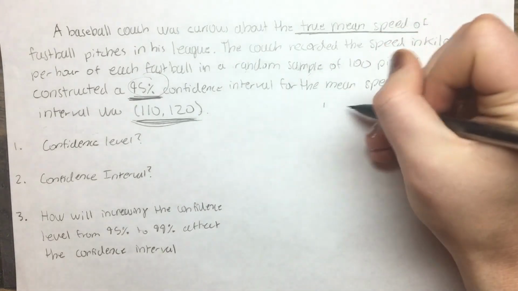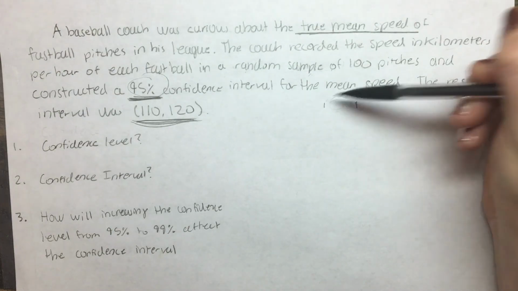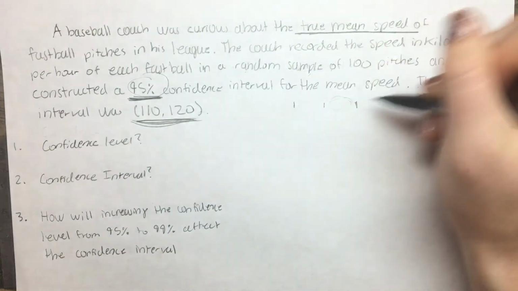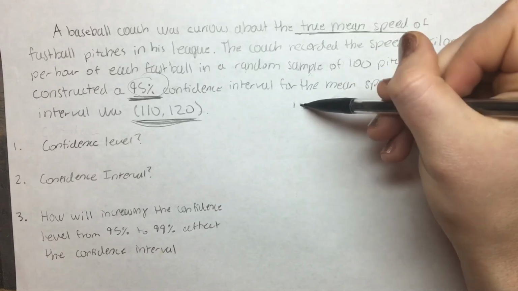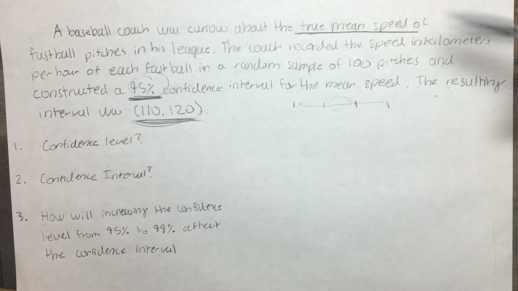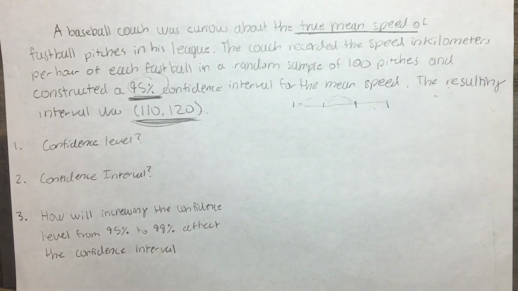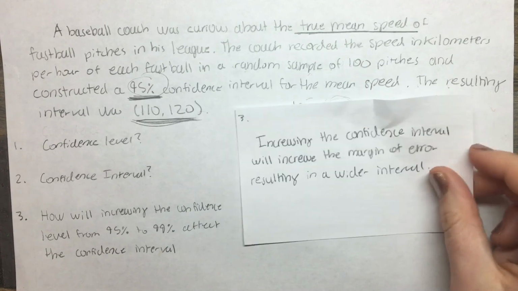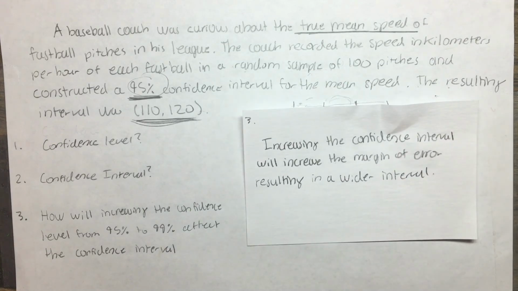Right now, we're 95% confident it's within this range, but we're even more confident it's within this range because we're giving ourselves more room for error. This is just kind of like a visual view of a larger margin of error. So our answer is increasing the confidence level will increase the margin of error, resulting in a wider interval.